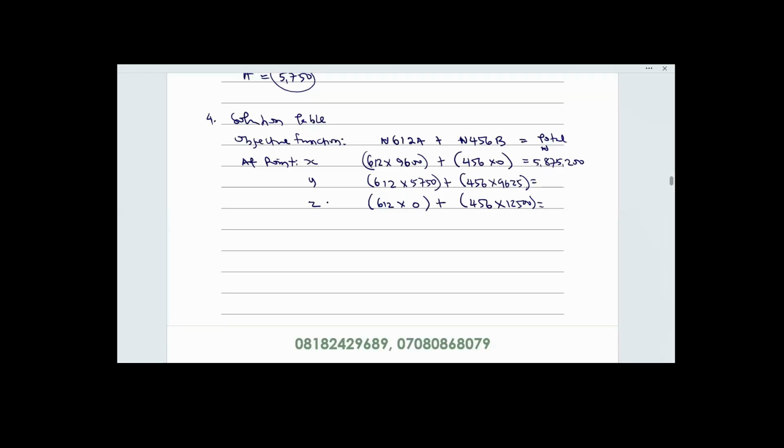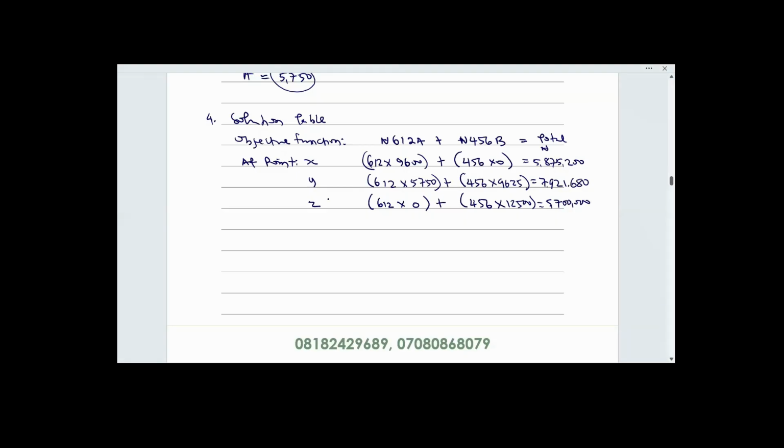Then the second one, what do you have? 7,921,680. Let me confirm the numbers and rewrite: 79, 21, 680.